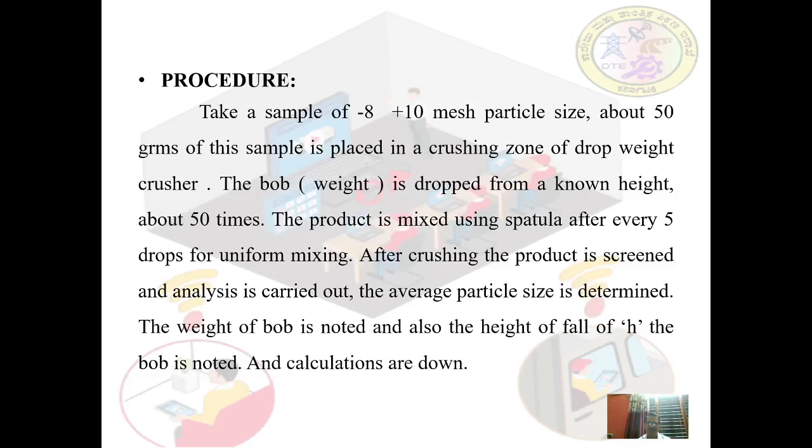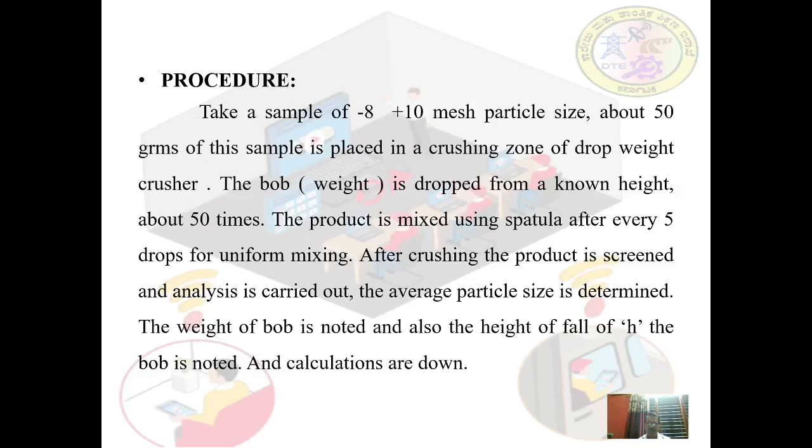The bob, that is the weight, is dropped from a known height of about 1 meter for 50 times. The product is mixed using a spatula after every few drops for uniform mixing.